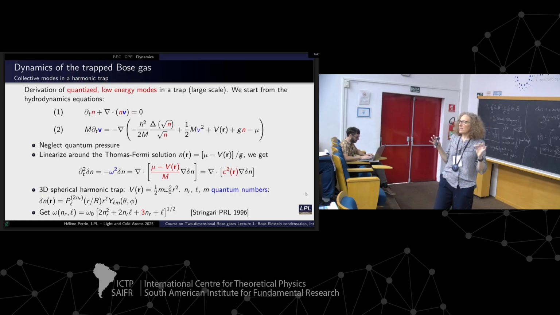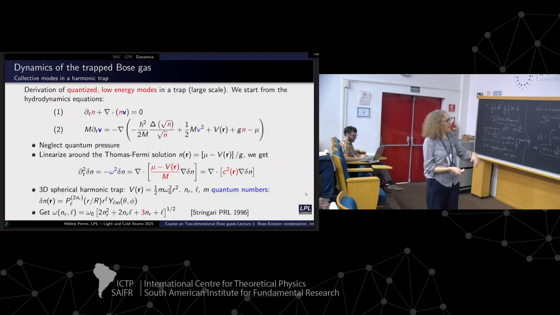And so this is the local chemical potential. In the center, we have the maximum density. So if I compute the speed of sound, it will be the square root of mu 0 over m. If I go a little bit to the side, the density is a bit less, like mu minus V of r. And there, I can locally decide that, okay, let me consider this density as being my density and recompute the speed of sound with this density.